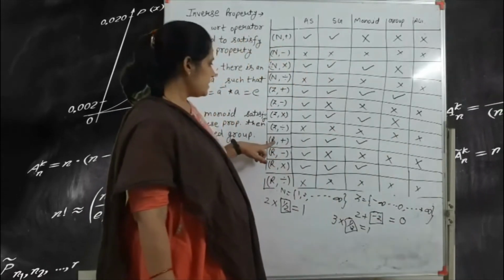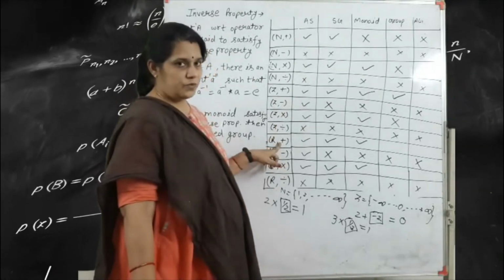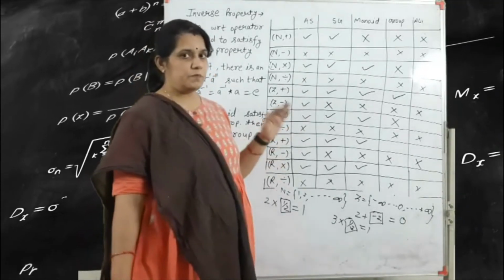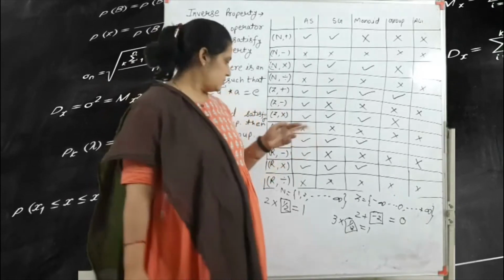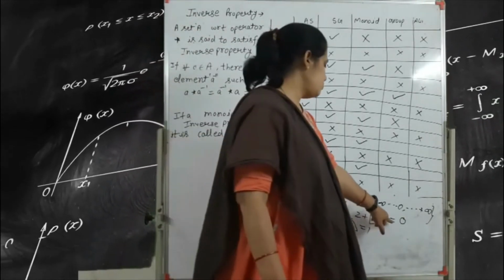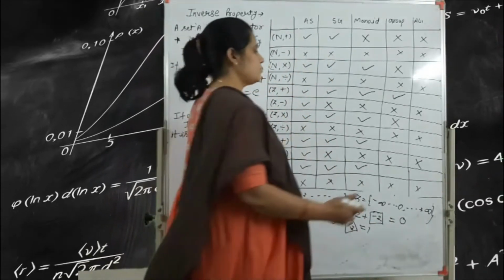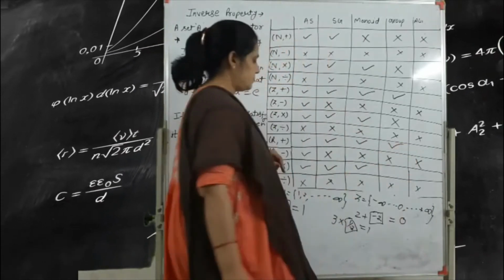Okay, next one is R plus. In R plus we have minus infinity to plus infinity, and fractions also. So if we use for example 2, then 2 minus 2 is equal to 0. So minus 2 is also present in R plus, so this satisfies the inverse property.